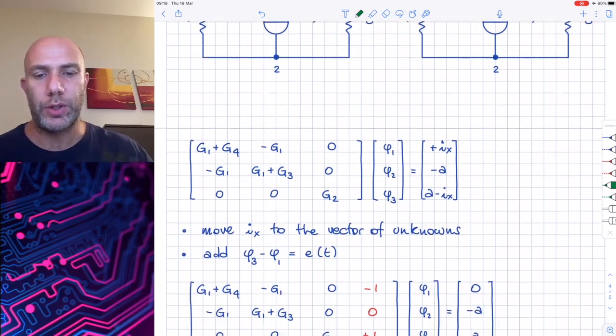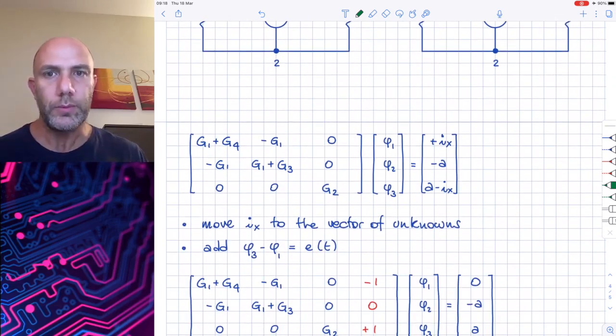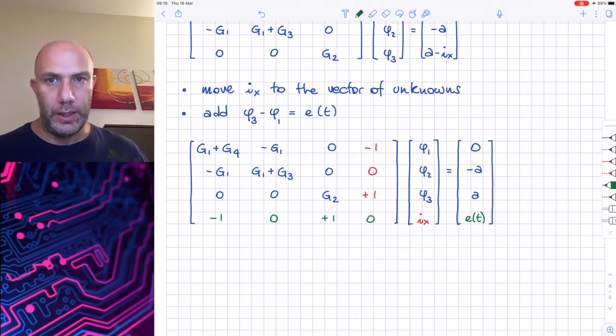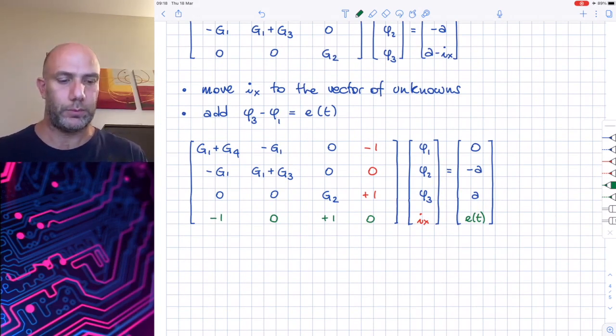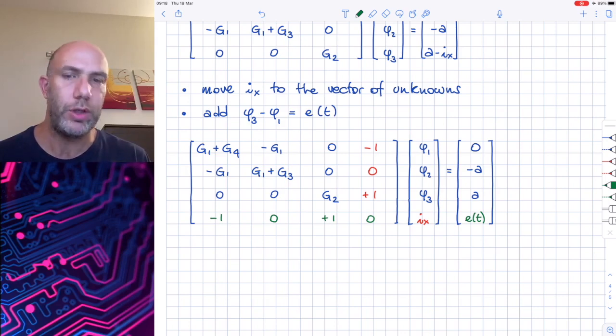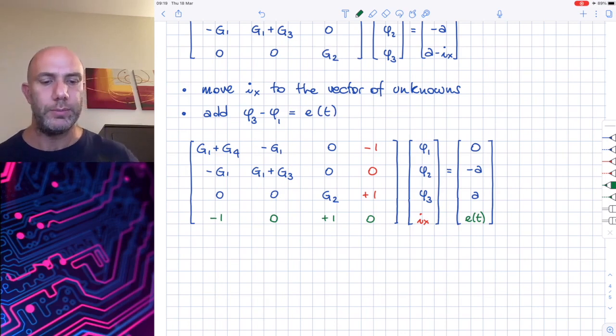Write down the equations by inspection, then add another step where the unknown current Ix supplied by the voltage generator is moved to the left-hand side as unknown, so we add also a column in the coefficient matrix and one element at the unknown vector. This additional unknown is compensated by the addition of another equation that is the equation of the voltage generator. So in the end, we have another system.